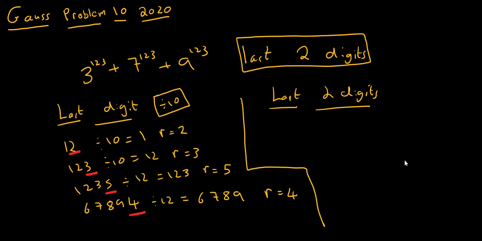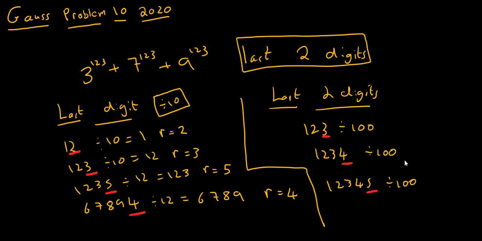So let's just do three examples. Let's do 123, 1234, and 12345. You can all see that the last two digits there are 23, 34 and 45. And to get the last two digits, we simply divide by 100.